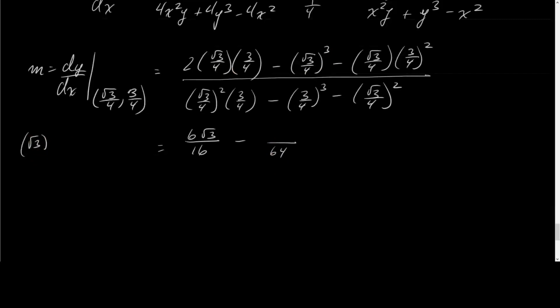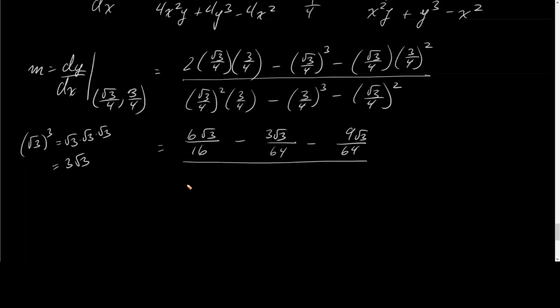Radical 3 to the third is radical 3 times radical 3 times radical 3, which is just 3 radical 3. So in here, I end up with 3 radical 3. Minus, in here, 3 squared is 9. So I end up with 9 radical 3 on top. 4 squared times 4, that's going to be 4 cubed, and we just said that was 64.